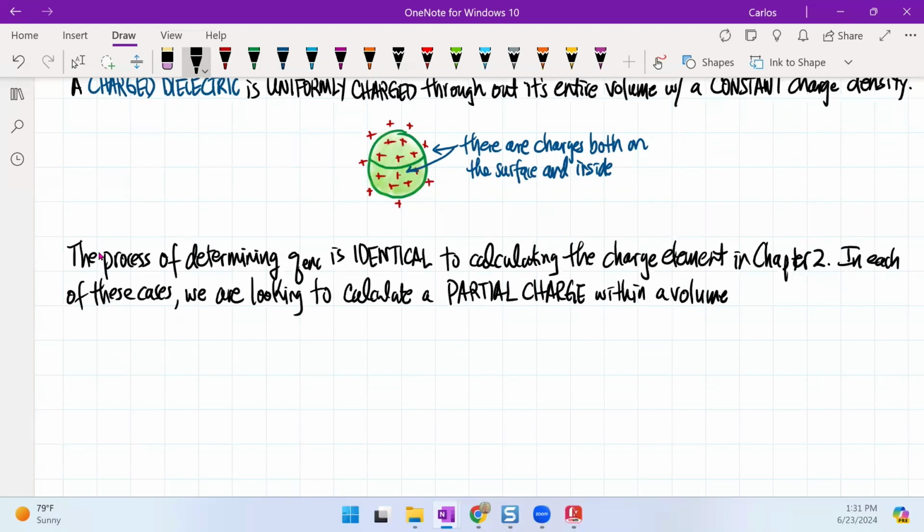Now, there is a rare situation where you calculate a surface charge, but that doesn't happen very often. Okay, so if I go back to chapter 2, what did we do in chapter 2?